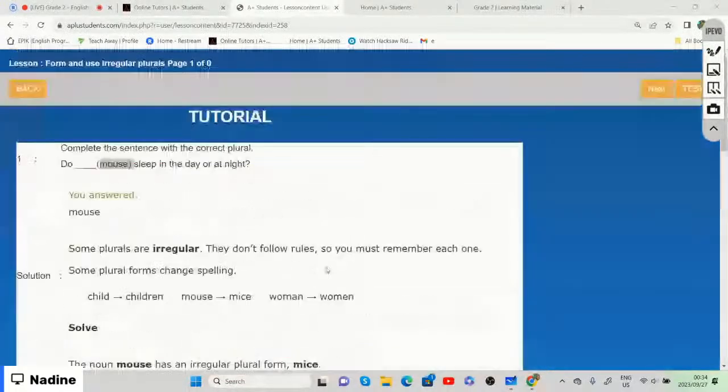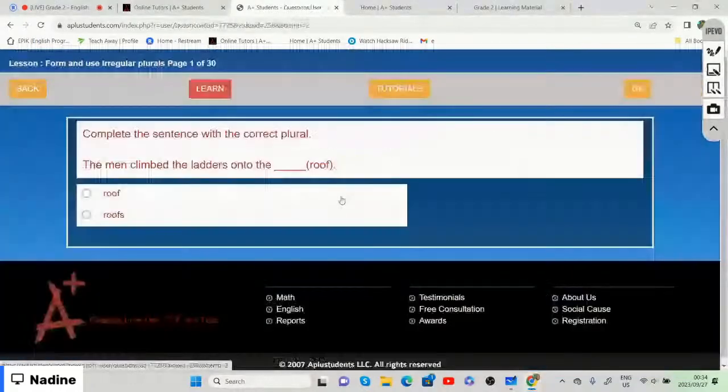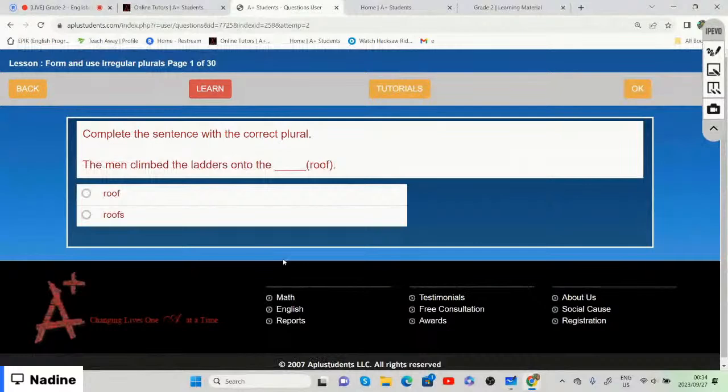All right. So now let's go and do our test. The men climb ladders onto the, do we say onto the roof or onto the roofs? Onto the roof or roofs?